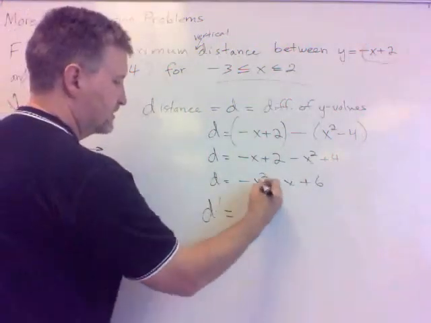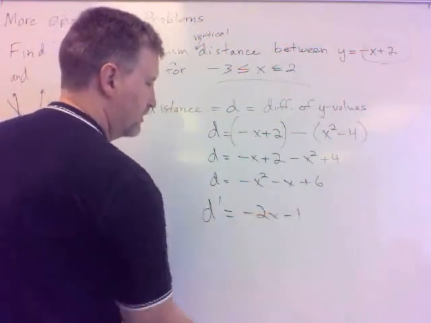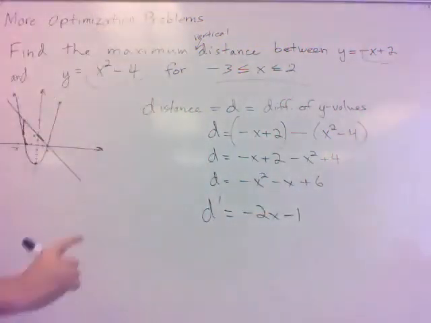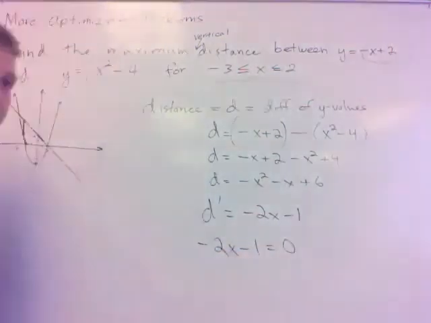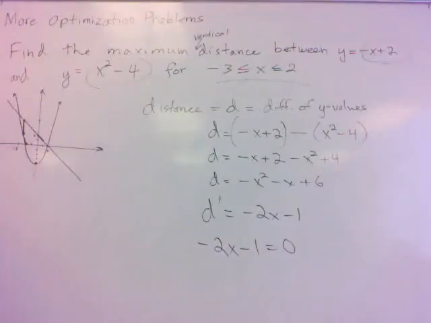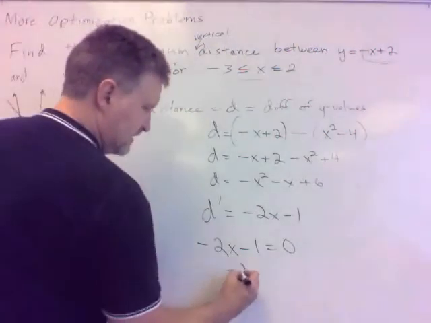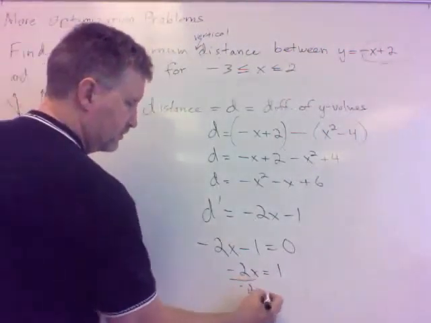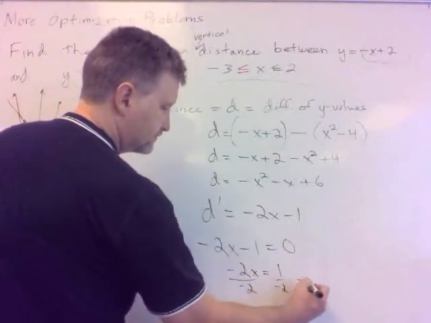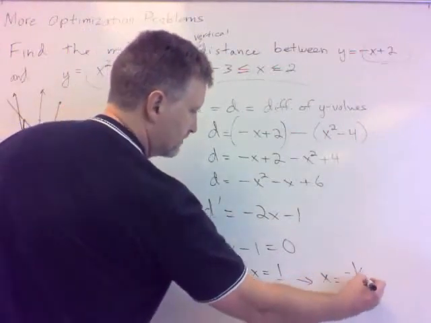So D prime of this would be minus 2x minus 1. Critical numbers, set that to 0. That'd be the way to find them here. So what does that give me? Negative 2x, if we add 1, equals 1, divided by negative 2. So the x would be minus a half.